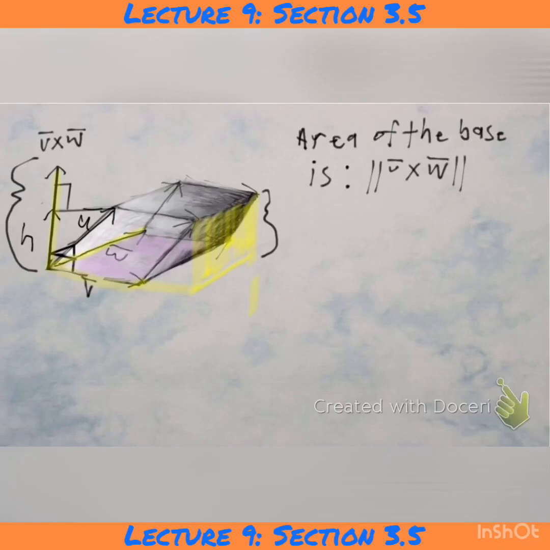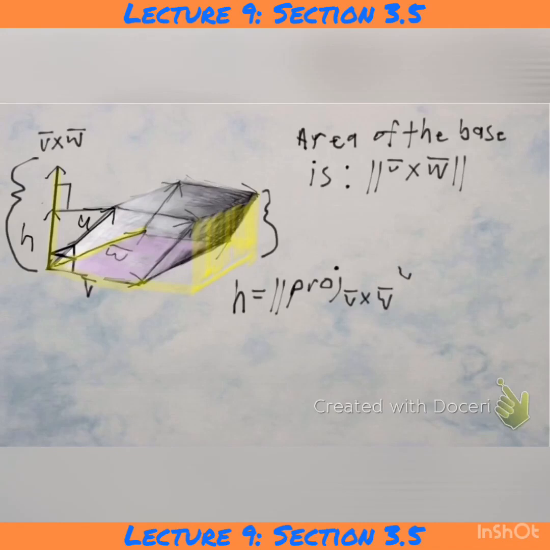So we know the height is going to be the norm of the orthogonal projection of the vector u onto the vector v cross w.